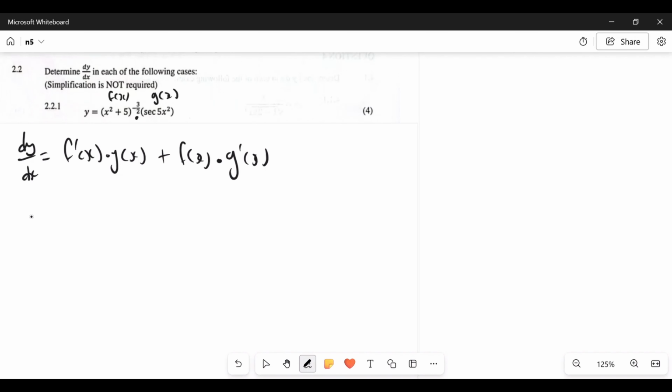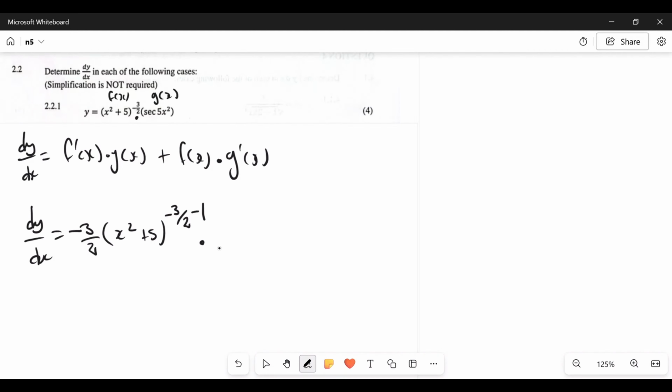So let's continue. dy over dx. Remember our f(x) is actually (x² + 5) to the power of negative 3 over 2. So when you derive this one, it's going to be negative 3 over 2 multiplied by (x² + 5) to the power of negative 3 over 2 minus 1, multiplied by the derivative of what is inside there, which is x² + 5.